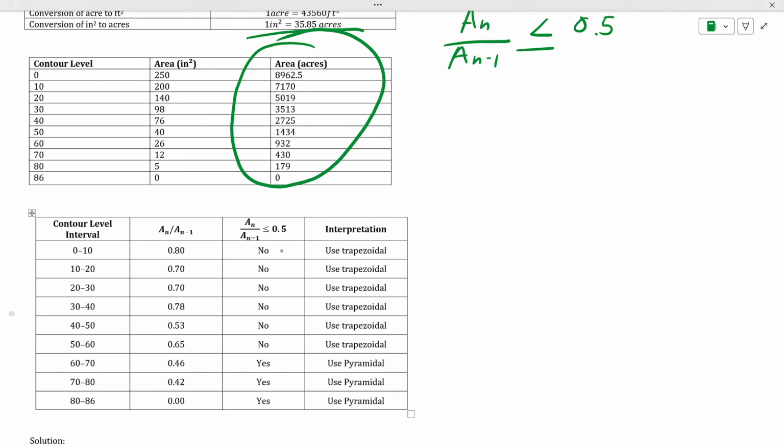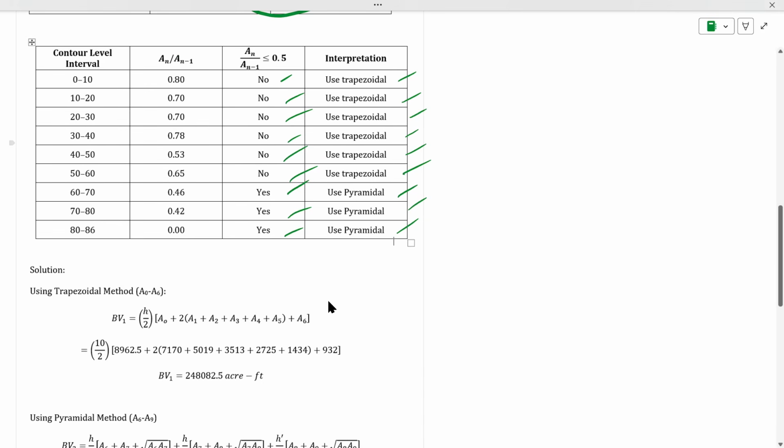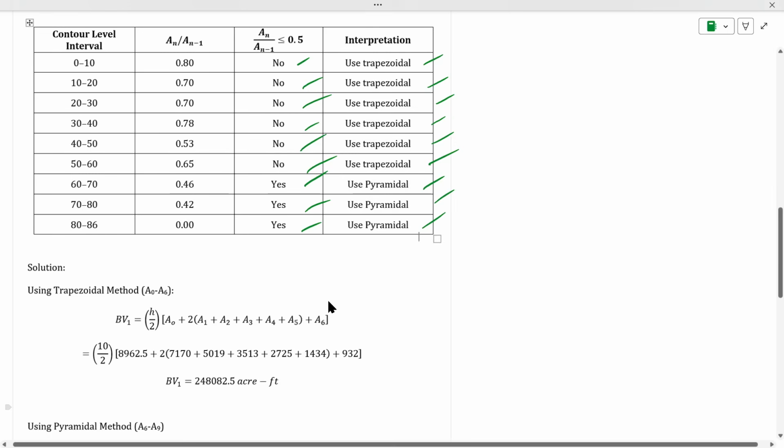If no, then we will be using the trapezoidal method. So no, trapezoidal; no, trapezoidal; no, trapezoidal; no, trapezoidal; and then if yes, then we will be using the pyramidal method. Once done with this interpretation analysis for each contour level interval, let's proceed to the calculations.